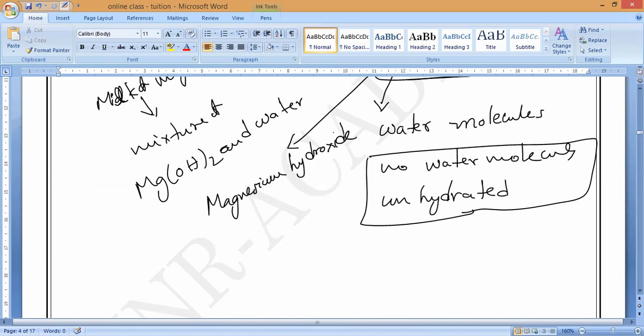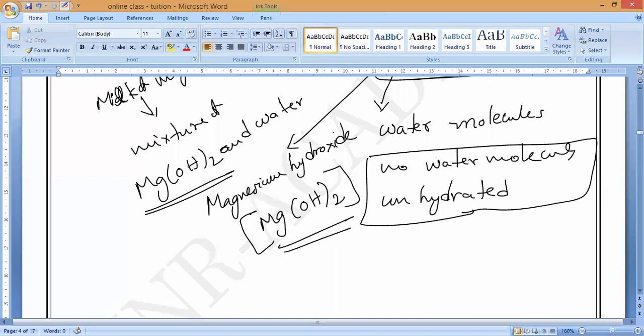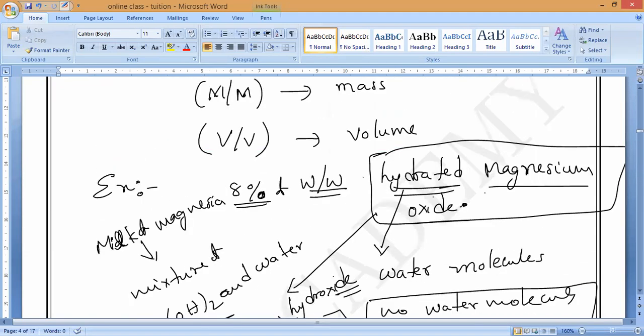What is the formula of magnesium hydroxide? This is Mg(OH)2. How to read this? Mg(OH)2. All of you read. So this is what we call hydrated magnesium oxide.